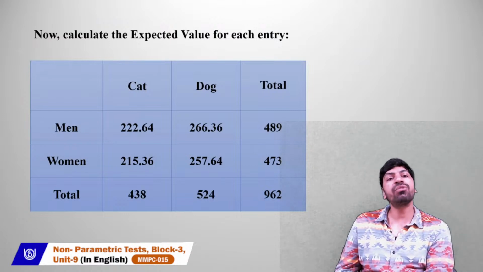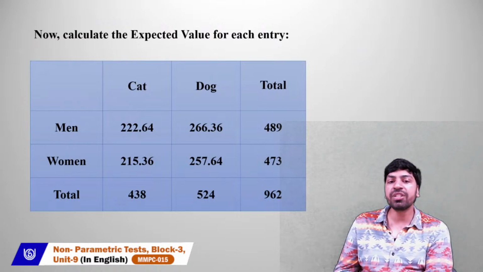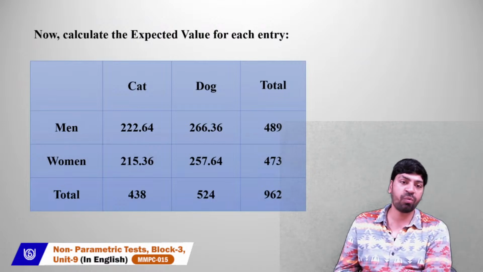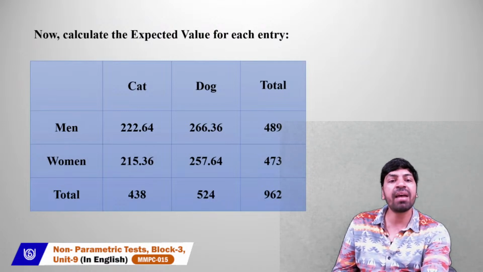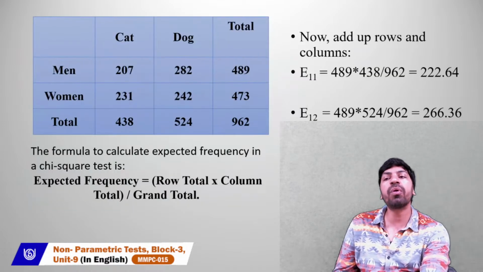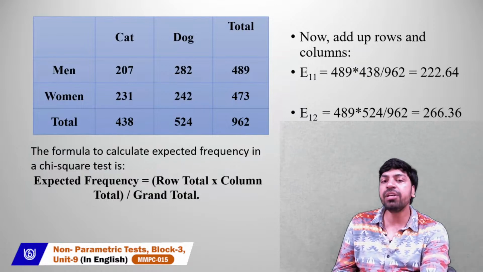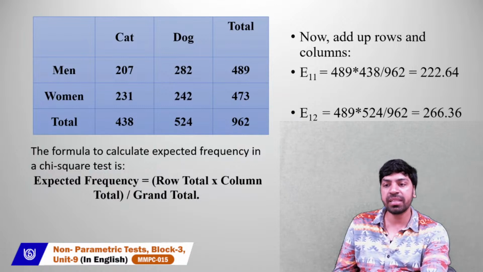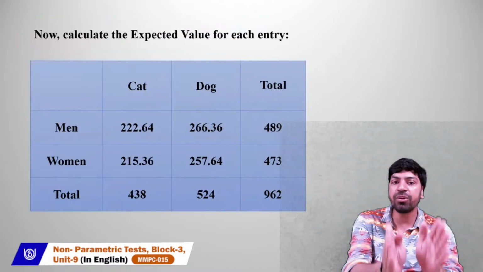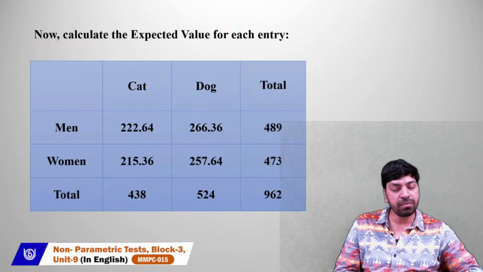Now you need to calculate the expected frequency for each entry, and these are the expected frequencies. For the men, we have estimated 222.64 as the expected frequency, and for the second column of men, 266.36, and we have put these values into the table.